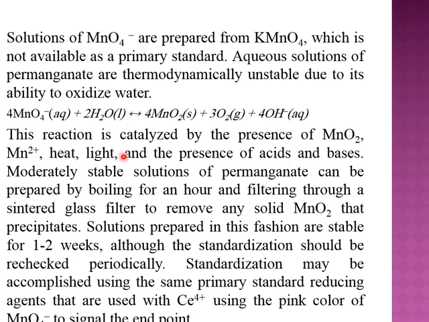So a moderately stable solution can be prepared by boiling the aqueous solution of permanganate for an hour and filtering through a sintered glass filter to remove any solid. Then this solution can be stable for 1 to 2 weeks, and the standardization must be rechecked periodically to know the exact concentration of this solution.